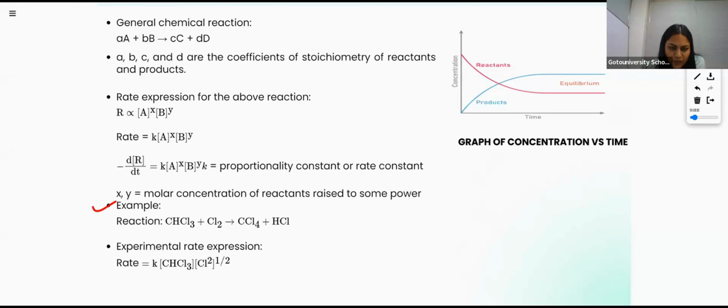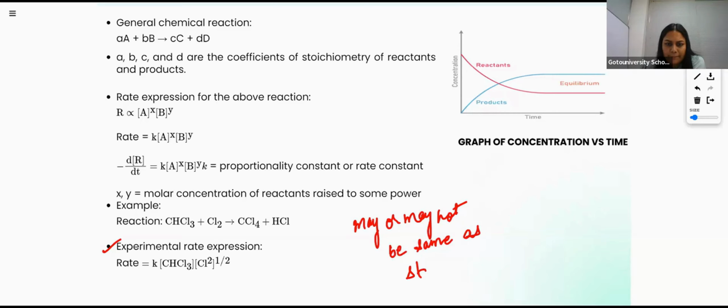Now there is one condition that we were discussing, that the rate constant or rate expression powers may or may not be the same as the stoichiometric coefficient.